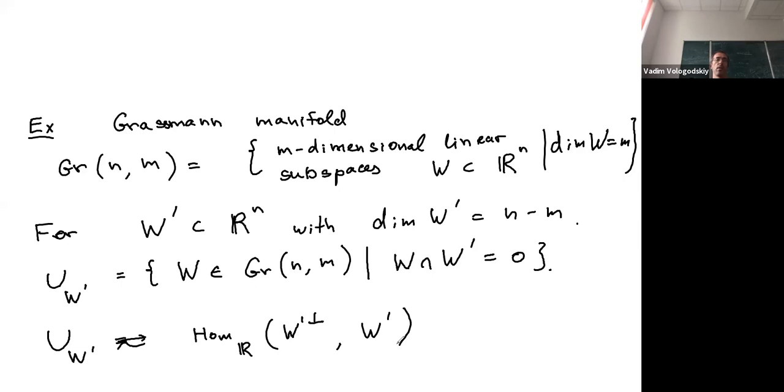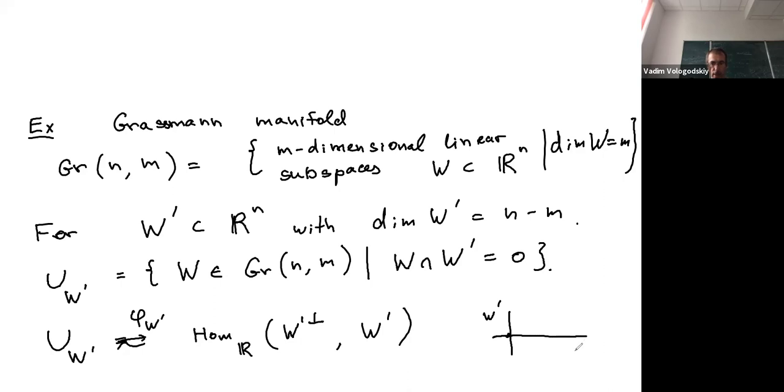Okay. So I will just explain how this bijection works. So you have this W prime, and you have the orthogonal complement.